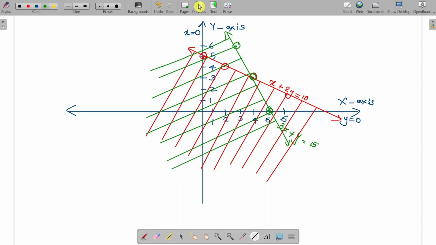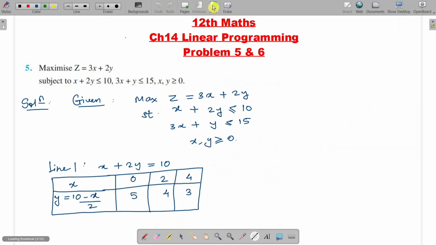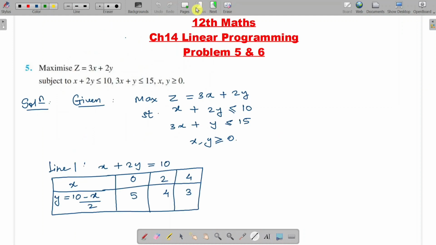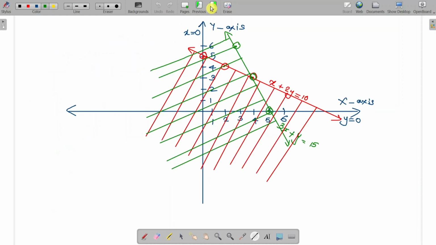Now for line 3, it is the y axis, so that is this. You know that if you have the inequality x greater than or equal to 0, that means the solution region is on the right hand side of the y axis. So like this here.